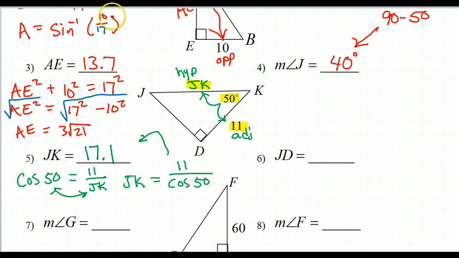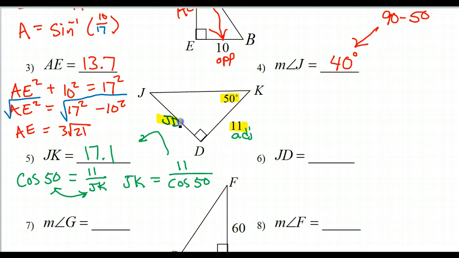Now, let's find JD. All right, if I want to find JD, just starting over a little bit. JD is over here, so here is JD.